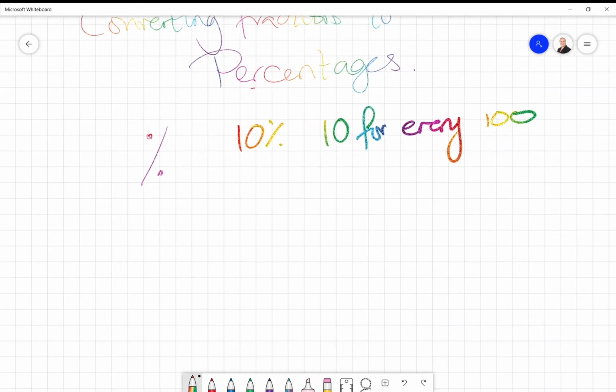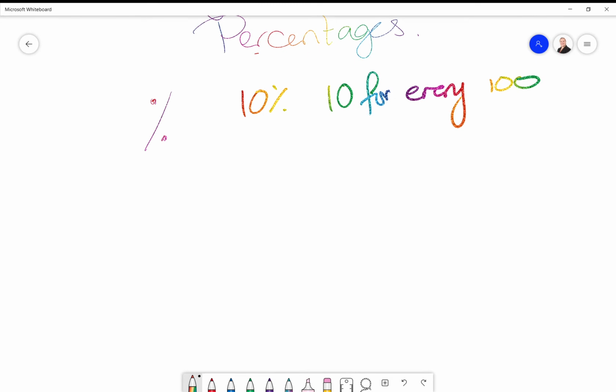So how can we change then fractions to percentages? So one you probably already know is a half. So I've probably got lots of you screaming at the screen what the answer is as a percentage. Percentages, because it's out of 100, the denominator, the bottom number, always has to be 100. So what we're doing here is equivalent fractions.